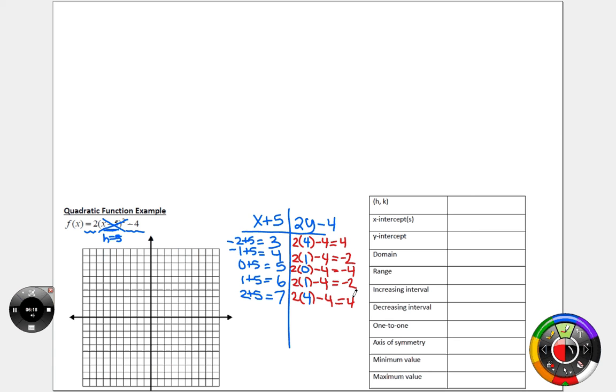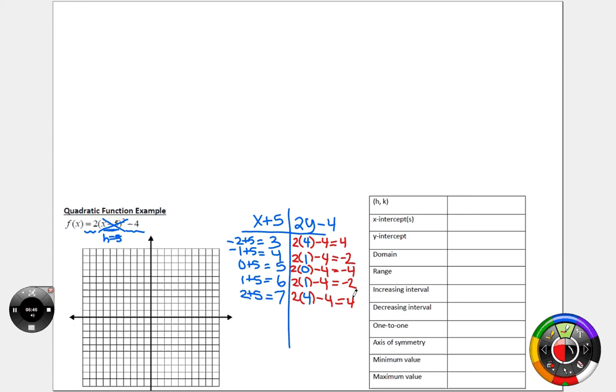If we just made our own t-chart and plugged in values randomly, we would go through every operation. But because we're already using the parent function, the relationship of squaring is already existing right here. And then we're just changing it based on these other numbers here. So this is something that we have memorized and we're familiar with because it's our starting point for all of these. And then we're just changing them using this pattern here. Is that okay with everybody?